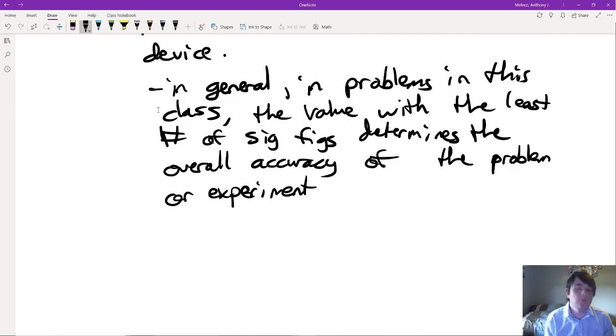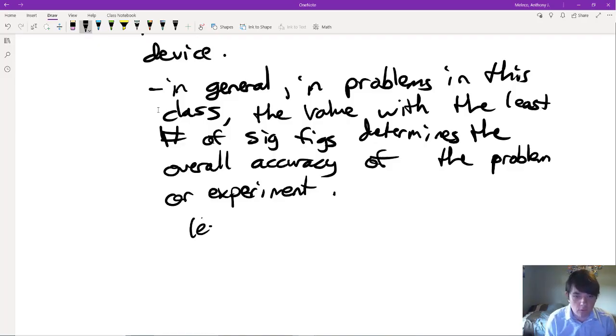So what this means is if I want to measure maybe the area of my desk, and I measure it with 1 millimeter accuracy on one side and then 1 centimeter accuracy on the other side, I can't say I know the area of that with millimeter accuracy because I measured another side with centimeter accuracy, which is less accurate. Okay, so the least accurate thing determines the overall accuracy of the experiment.